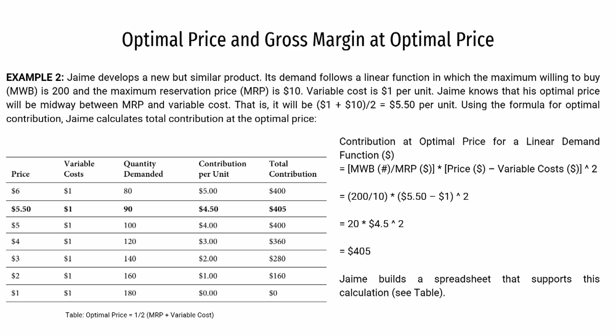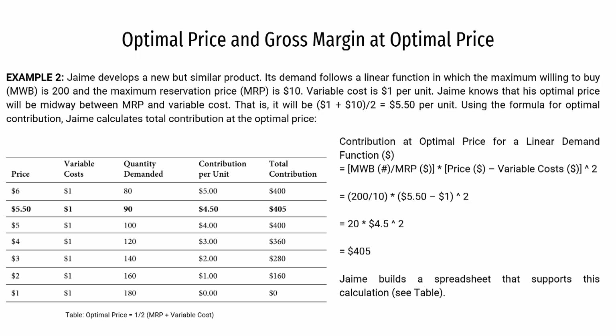So, 200 divided by 10, that is 20, multiplied by the optimal price that we have calculated earlier, 5.5 minus 1, whole square, that is 4.5 whole square. So, it is giving us a value of $405. So, this is the maximum contribution which we are gaining at the optimal price point of $5.5.